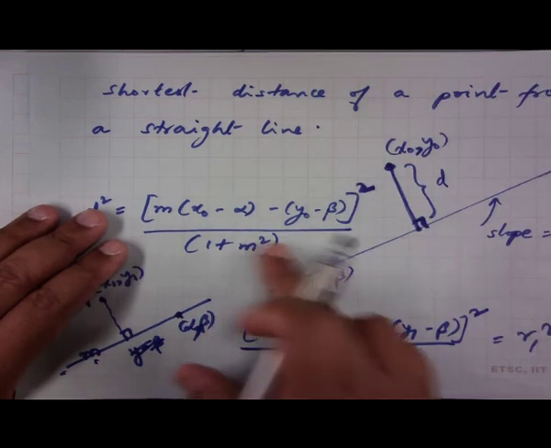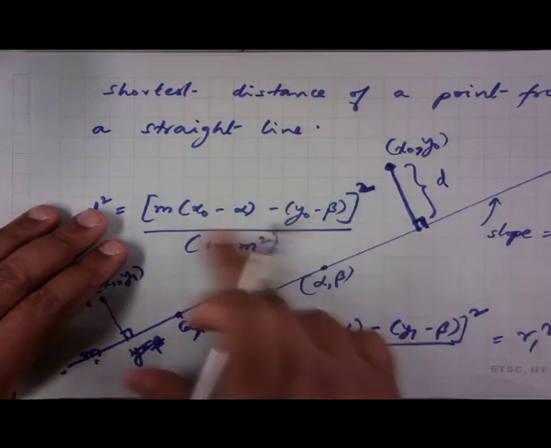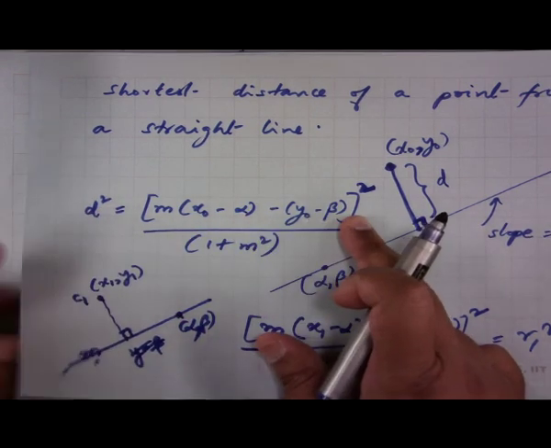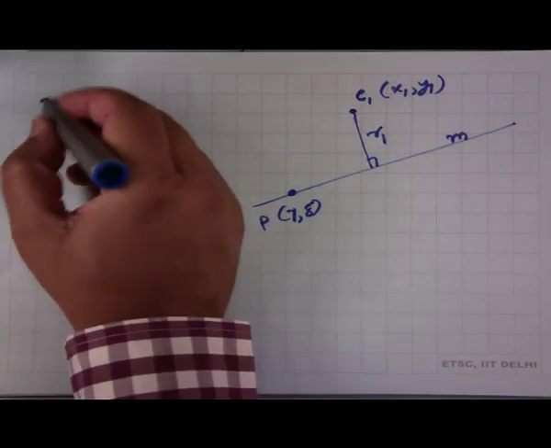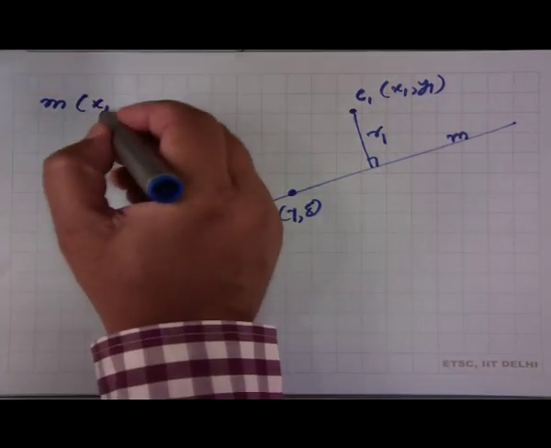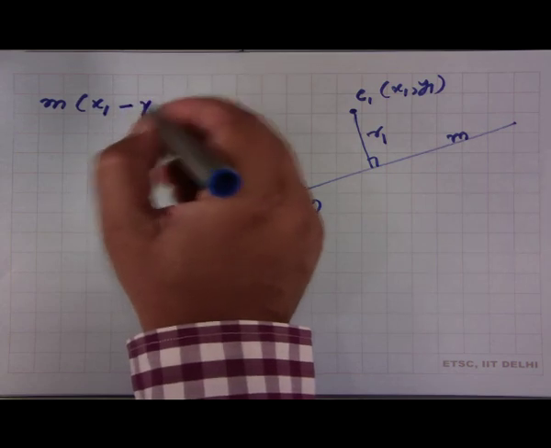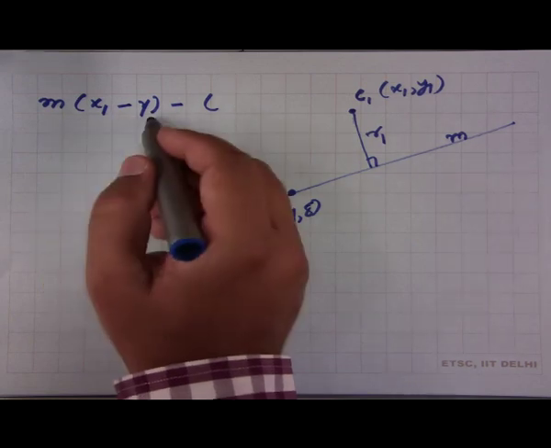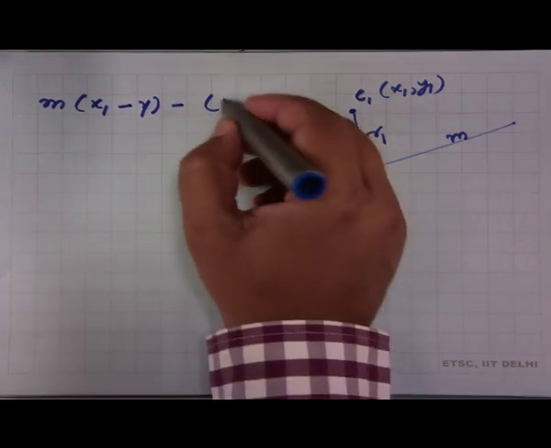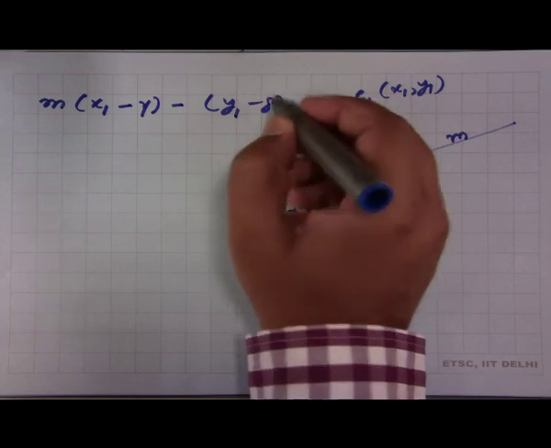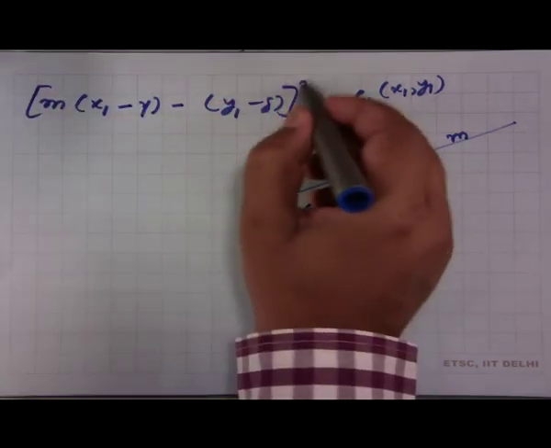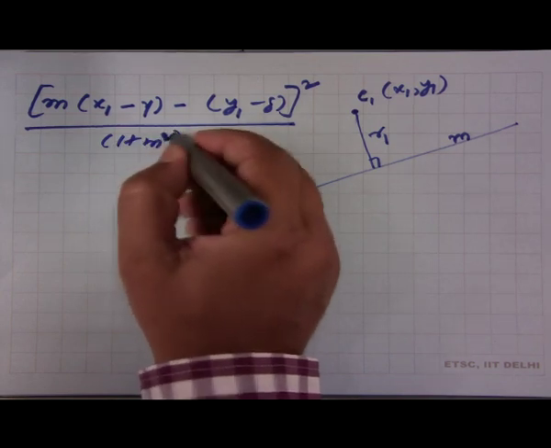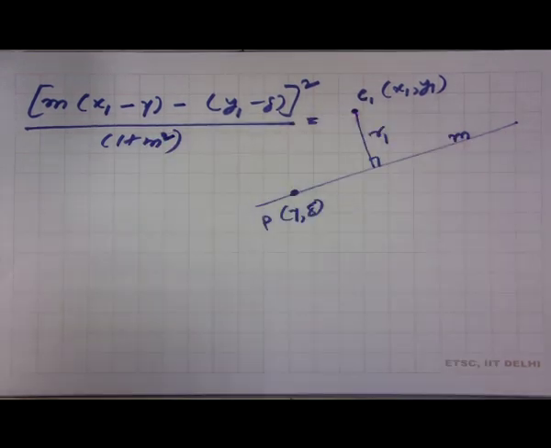And therefore, from the slide in the previous lecture, the right hand side here gives us the squared minimum distance. So, we just have to replace x naught and y naught with x1 and y1 and alpha and beta with gamma and delta. So, what we get is the squared distance: m times (x1 minus gamma) minus (y1 minus delta), whole squared, upon 1 plus m square, equals r1 square.